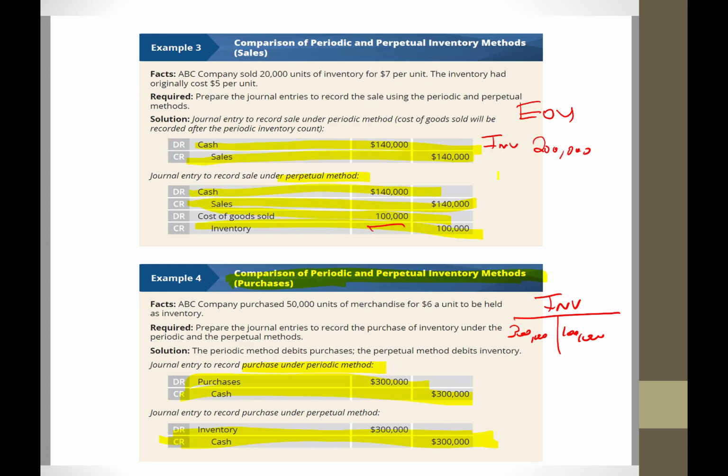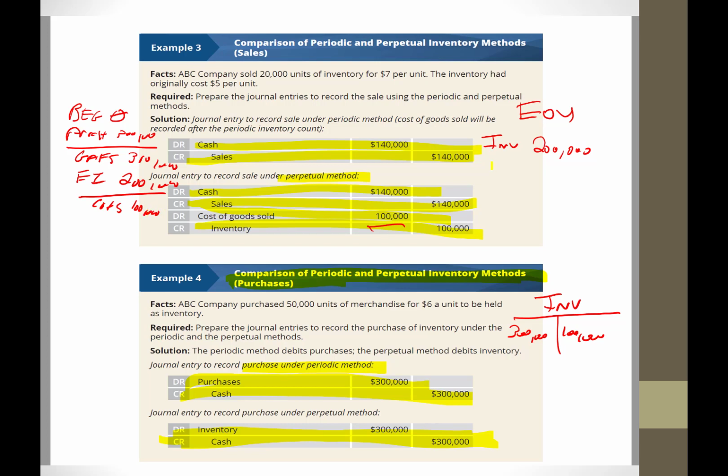I would go through my Catholic priest formula. I'd have beginning inventory, which I'm going to assume is 0. I'd have purchases, which were 300,000. That gives me goods available for sale of 300,000. I'd count my ending inventory and subtract it, which I determined to be 200,000, and I would know then that the cost of goods sold was 100,000.